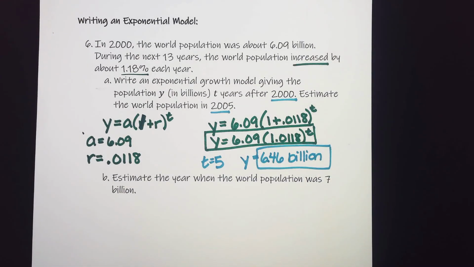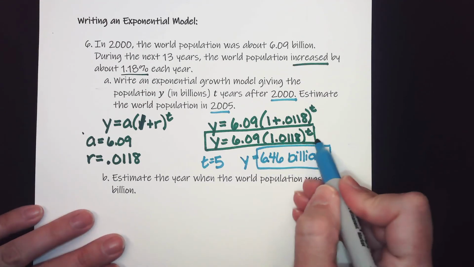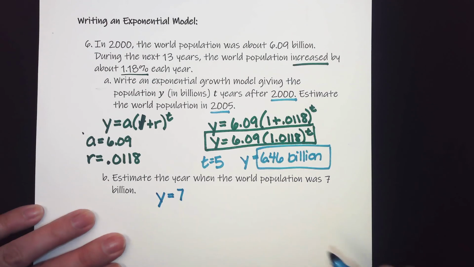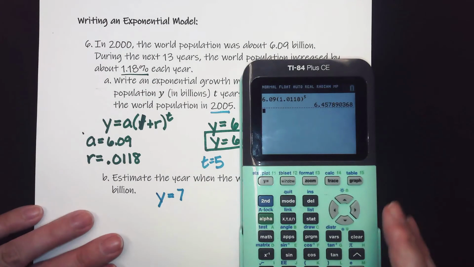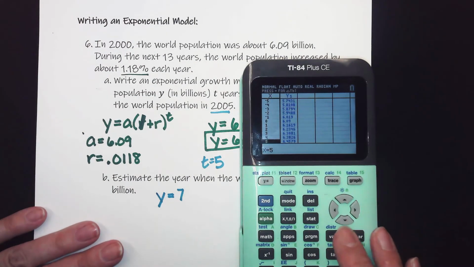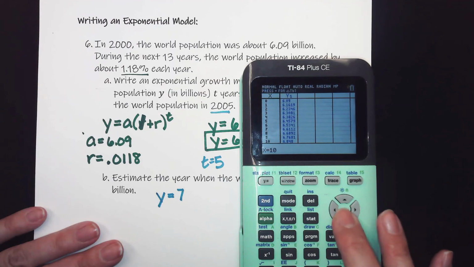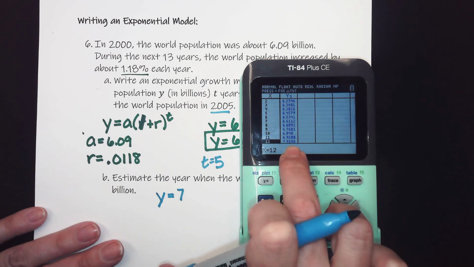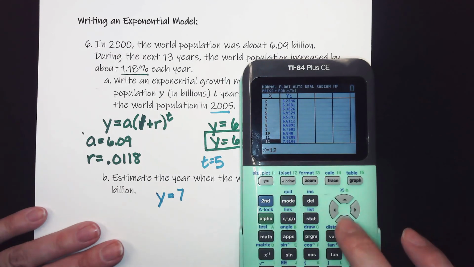Now we want to estimate the year when the world population was 7 billion. We're using the same equation, but this time y is going to be 7. So that's when we use the table here. I got a little ahead of myself. I need to find where it's 7. At 12 years, that's looking like as close to 7 as I'm going to get.